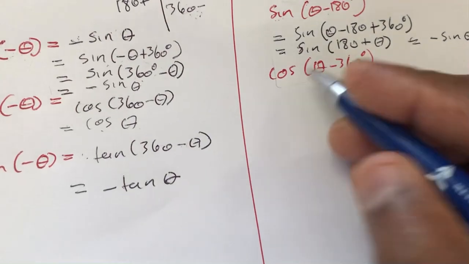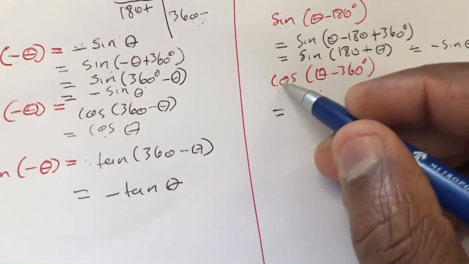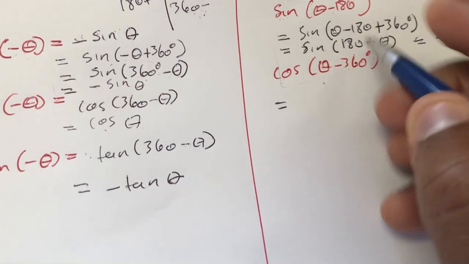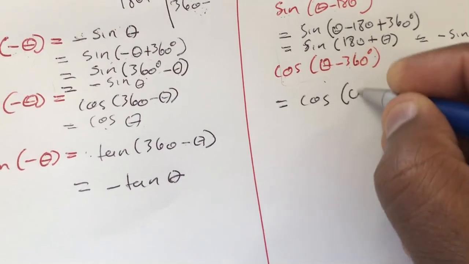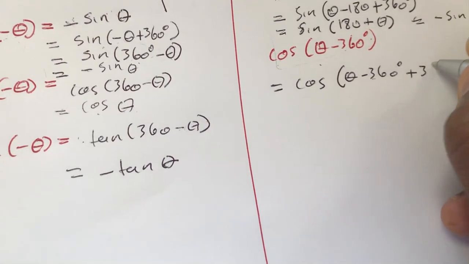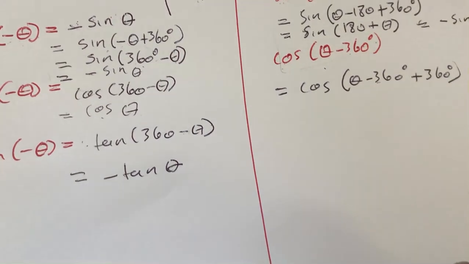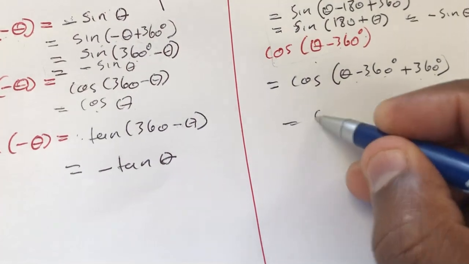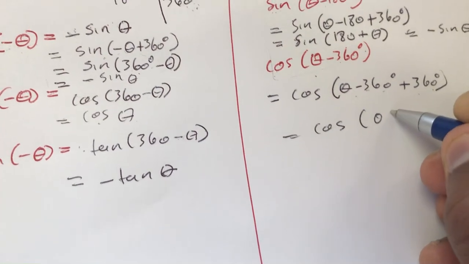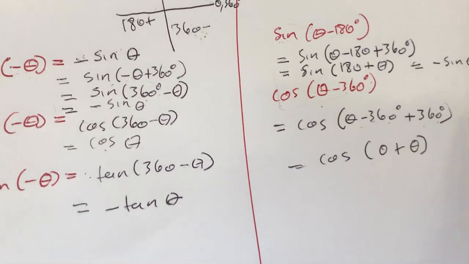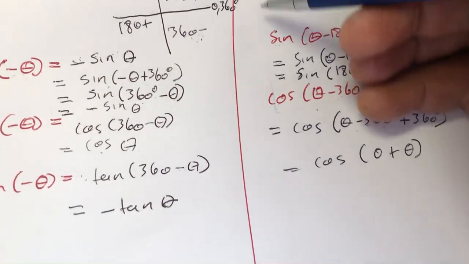The very same thing applies to this one. It also applies for tan and sine. Theta minus 360, this will be cos of theta, and then we need to get rid of this negative. You add 360 degrees. And then from there, whenever you add 360 degrees, you're getting cos of 0 plus theta. The cos of 0 plus theta lies in which quadrant?